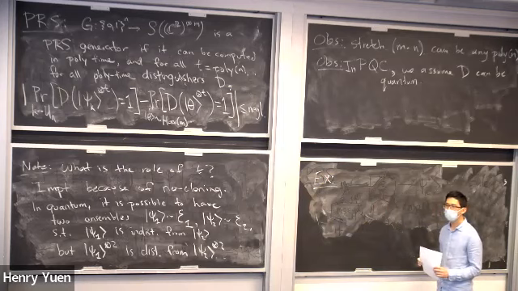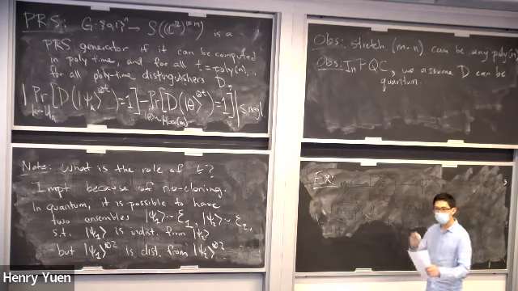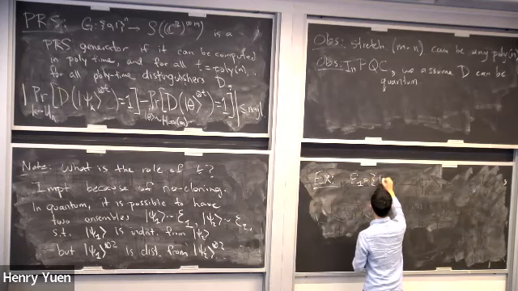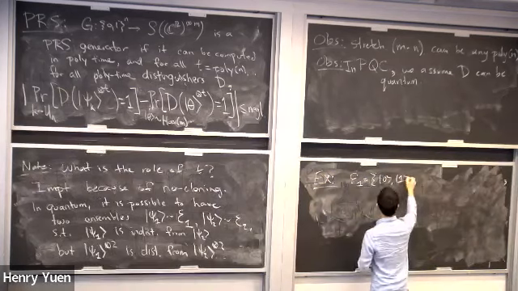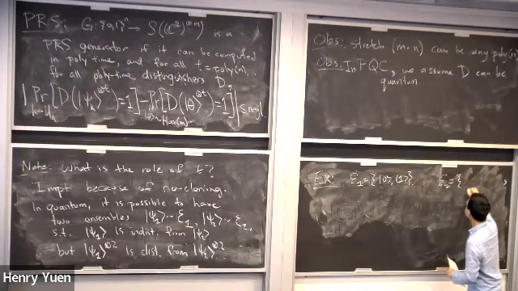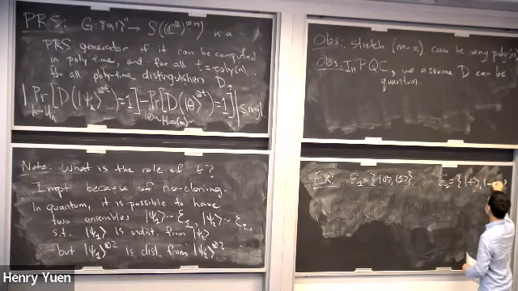Maybe like plus and minus and 0 and 1. Yeah, 0, 1, and plus minus, exactly. So some combination of those. So let's say ensemble 1 is you just have a random classical bit, and ensemble 2, you have a random plus or minus state.